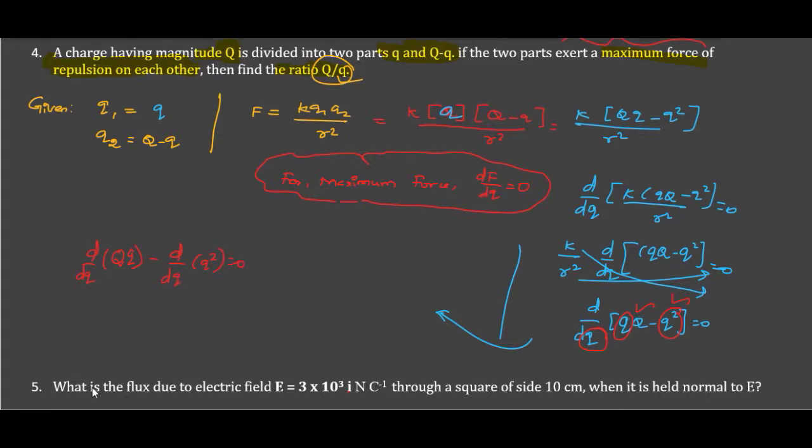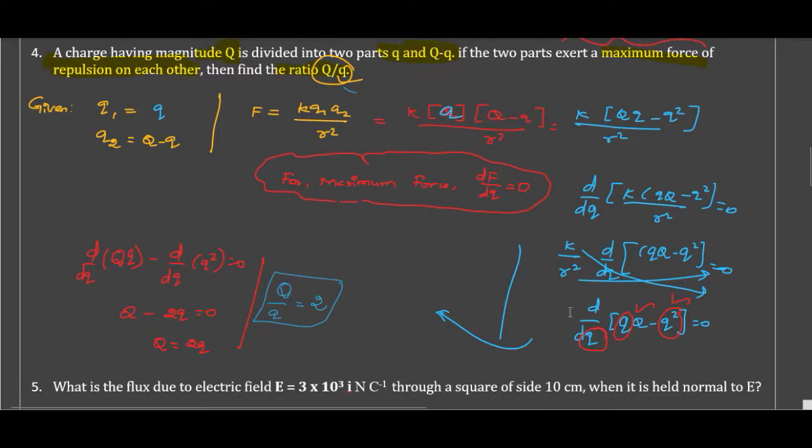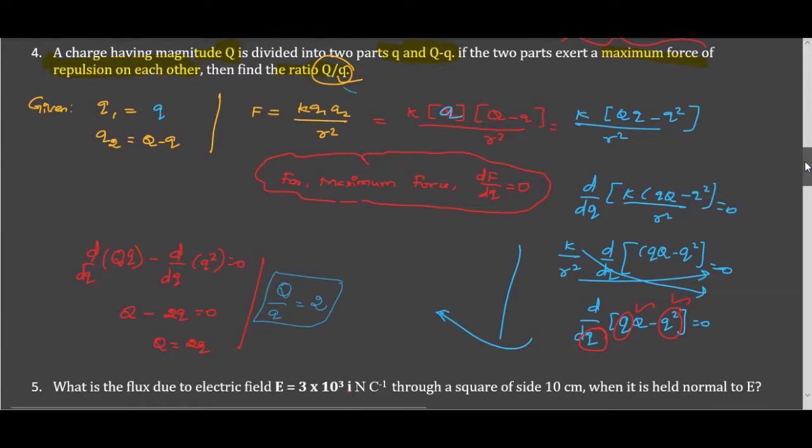If we do this, we get Q minus 2q equal to 0, so Q is equal to 2 into small letter q. So they are asking about the ratio of capital Q divided by small letter q, which is nothing but 2. So this is the ratio value. Clear? So now I am moving to the fifth concept based on chapter 1.